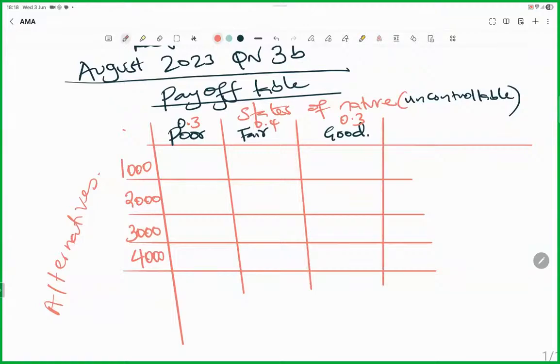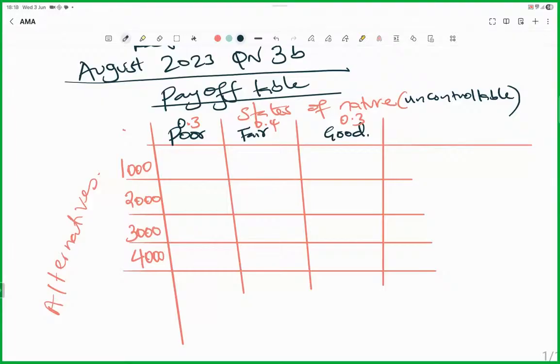Very good. So here the examiner was gracious and gave us the profits directly. But nowadays, the examiner would never give you these profits. The examiner would want you to calculate the profits.